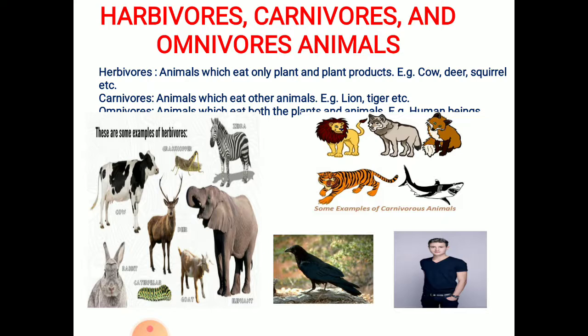Now see, herbivores is a word which is a combination of two words, herb and vores. Herb means plant, and vores means eater, meaning plant eating animals.